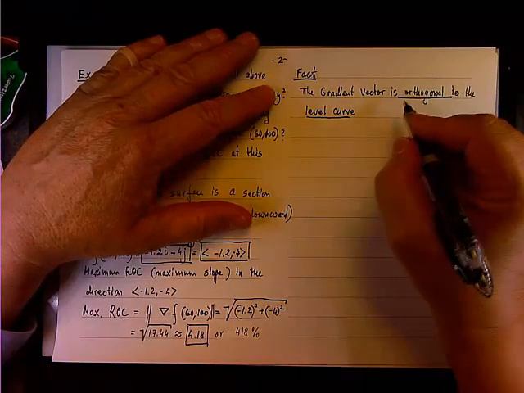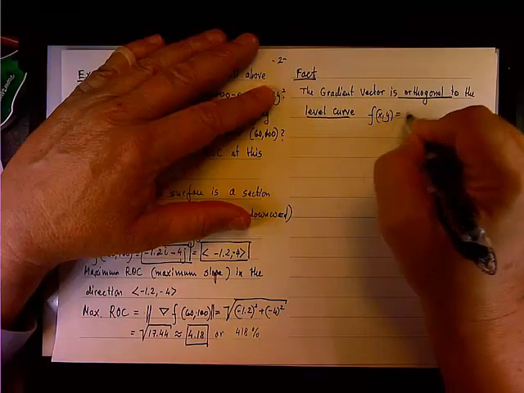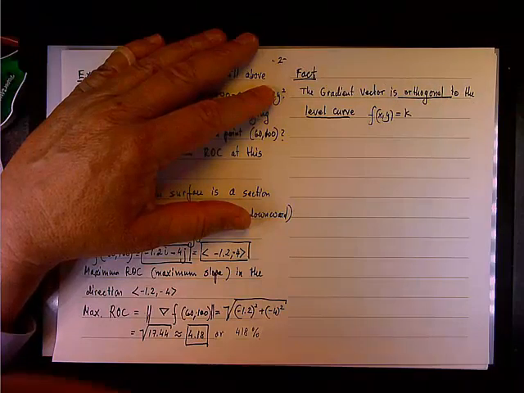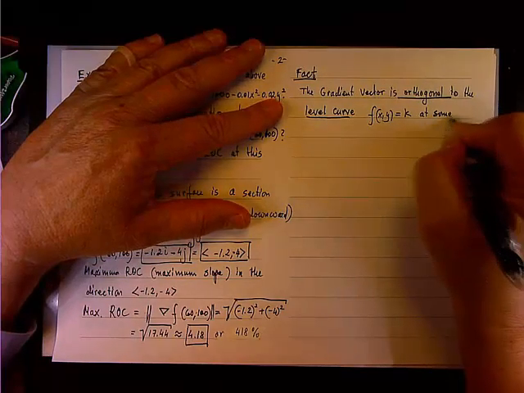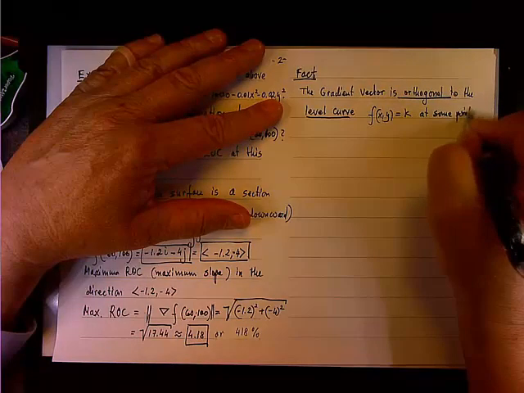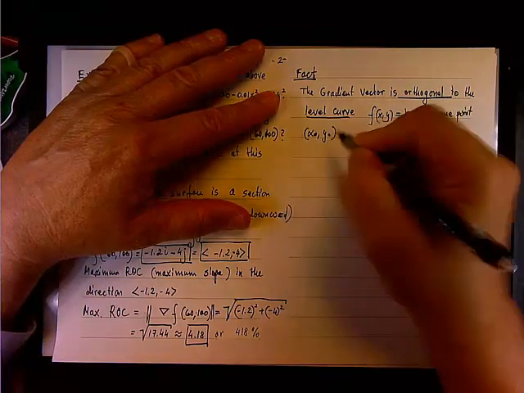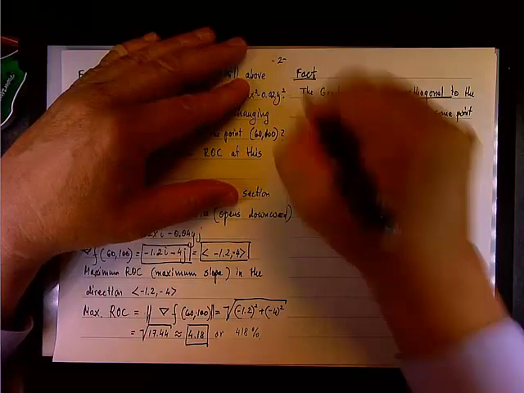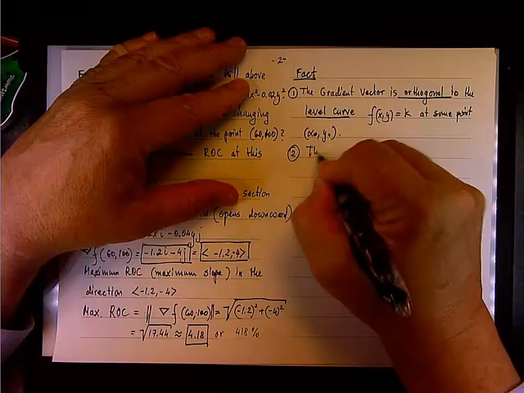Let's underline the two words, orthogonal to the level curve f of x, y equals k, at some point, and the point will be x sub 0, y sub 0. So this will be fact number 1.